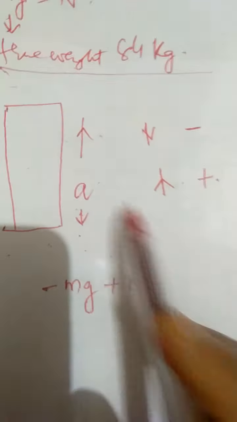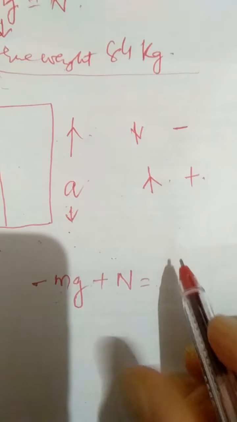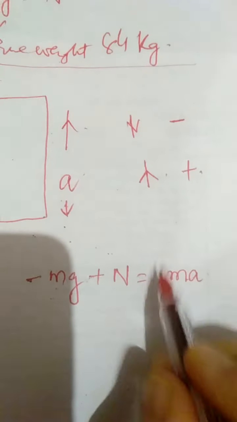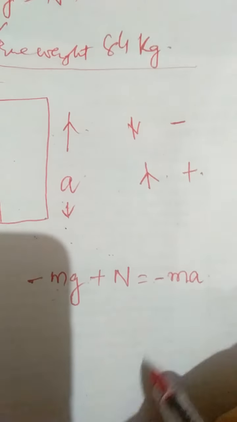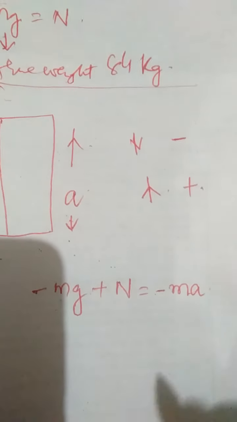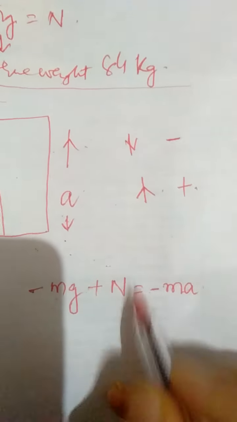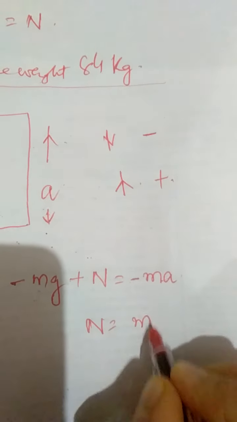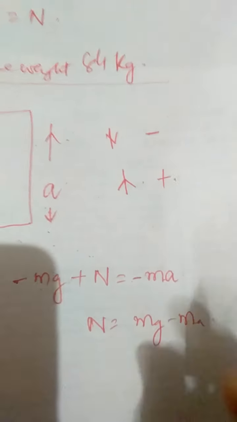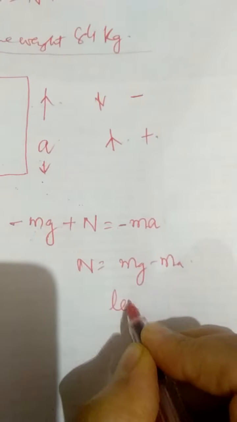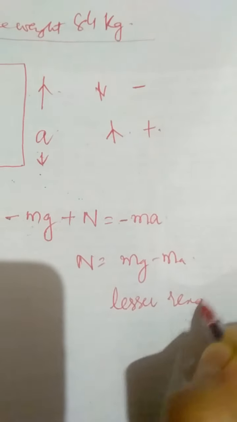So if the elevator is moving downwards, obviously the force will be ma, and because it is downwards, it will be minus ma. Remember, we are experiencing our weight because of this normal force. So this normal force is mg minus ma, which implies that in this case, the weighing machine is going to show a lesser reading.